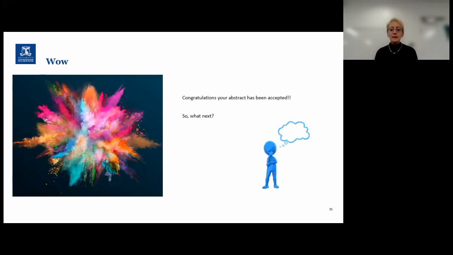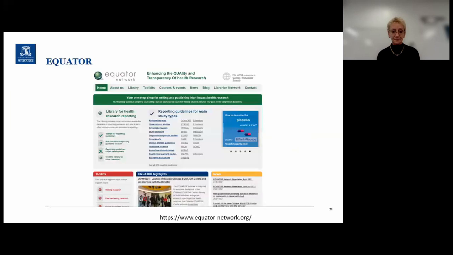If you think you'd like to publish your project or study, then one of the first things you need to consider these days is if you meet the EQUATOR guidelines. These are guidelines that look at the rigour of your study design. The website is at the bottom of this particular slide.